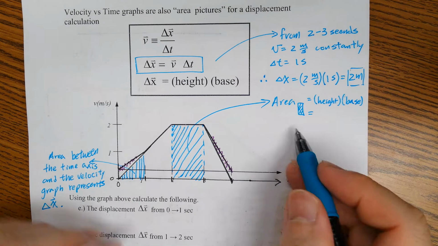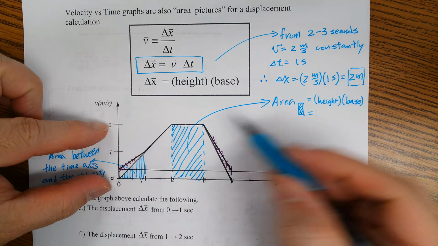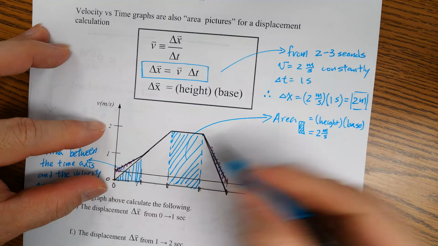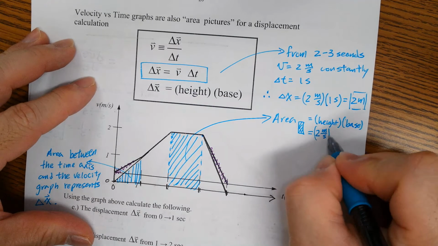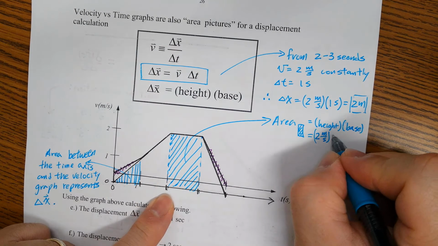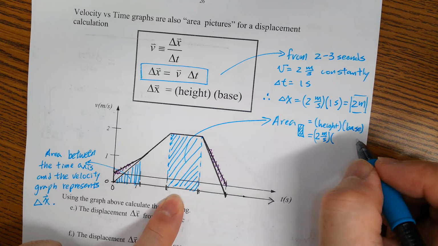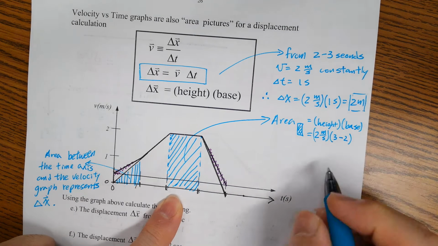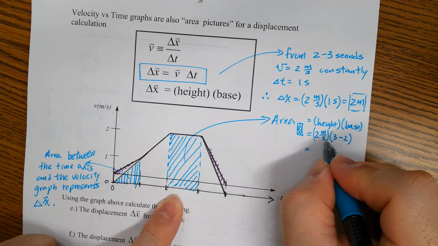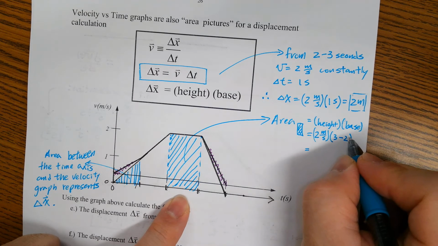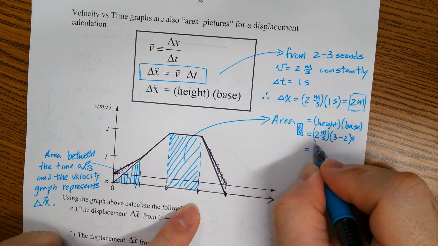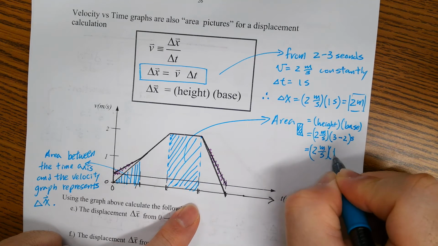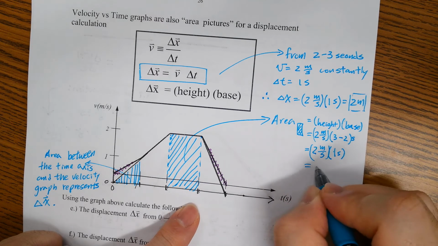Well, the height happens to be 2 meters per second. That's the height. And the base happens to be delta t, which is 3 minus 2 seconds, which is 1. Therefore, this becomes 2 meters per second times 1 second, and it does exactly come out to be 2 meters.